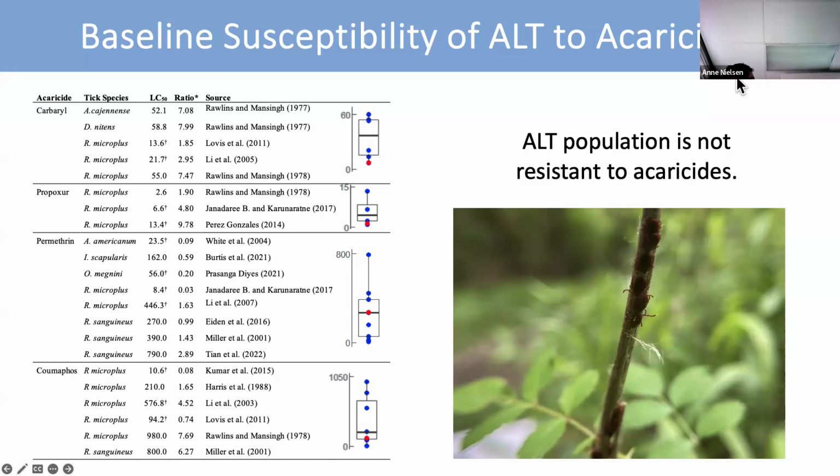But what we found out when we compare the data from these studies to our data, in red is the data that Matt generated, is that for all these products it doesn't seem to have resistance. It is on the low margin of values or within the range that you find in other studies. So it seems that ALT populations are not resistant to acaricides.